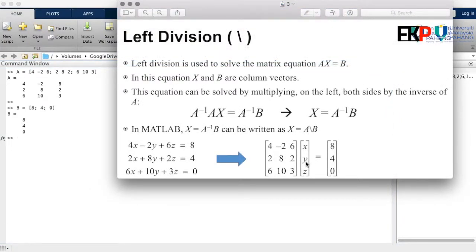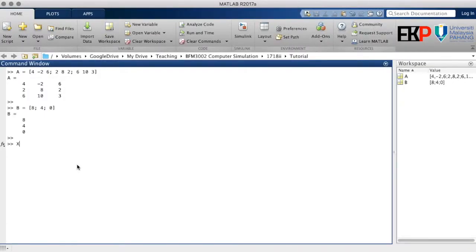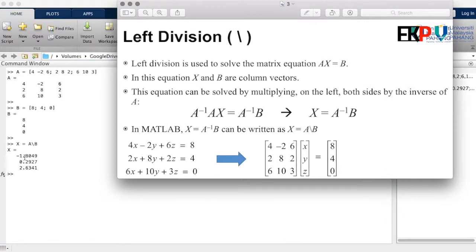So to solve the equation for the unknowns, we simply use the left division function. So x is equal to A left division B. We will get the value of x, y, z. So -1.88 is for x, the second value is for y, and the third element of the column vector is for z.